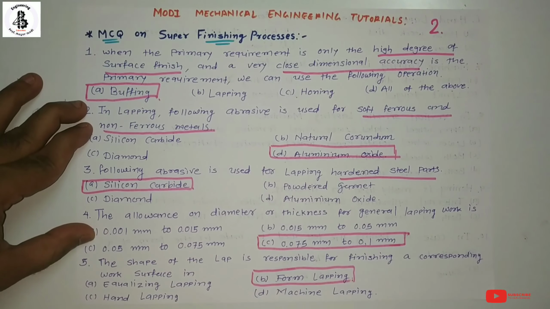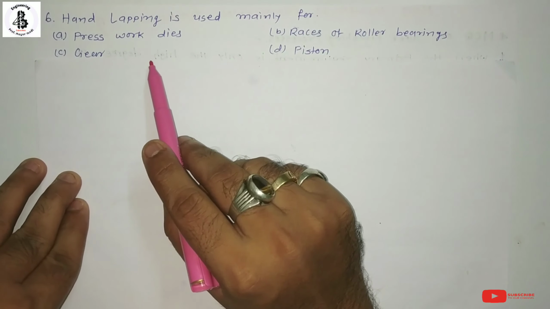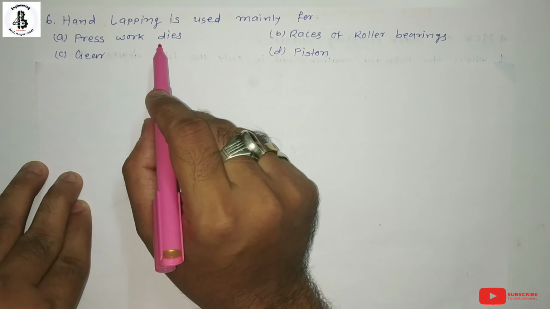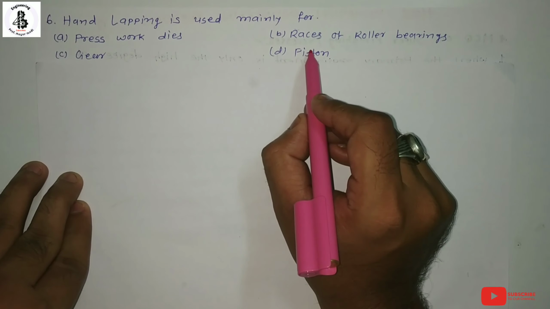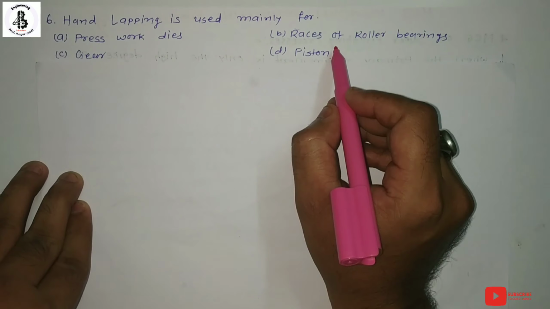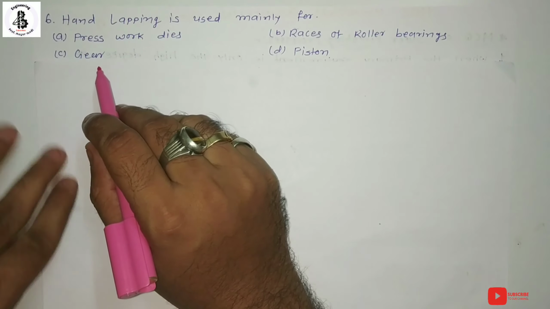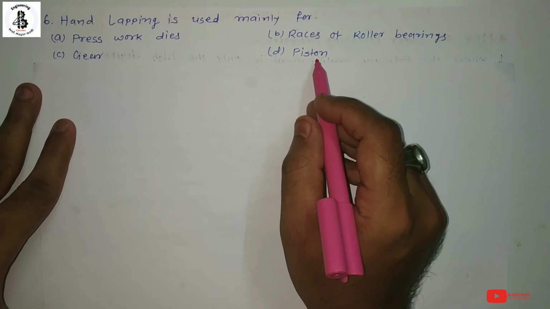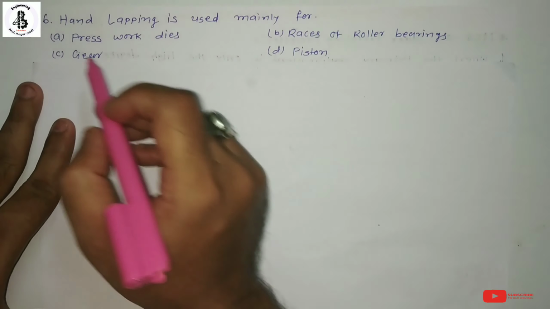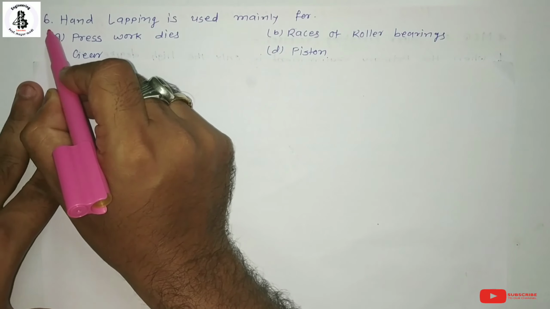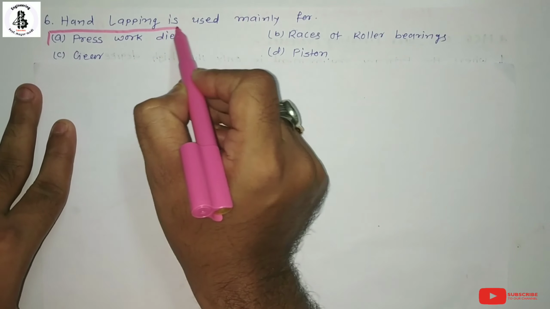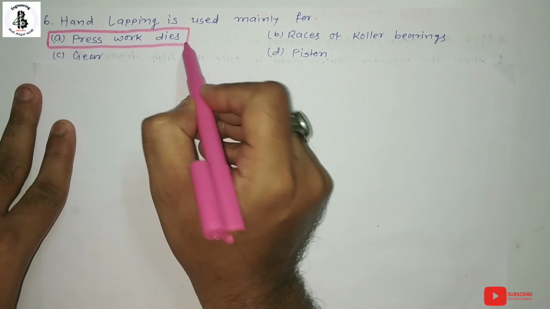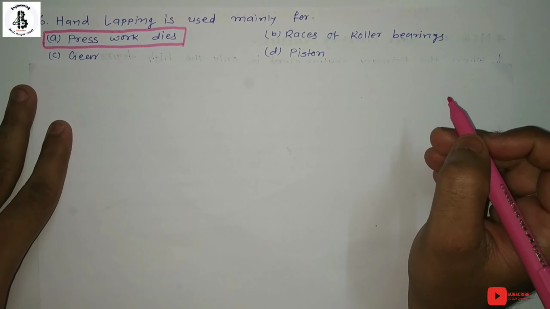Then next question. Hand lapping is used mainly for option A, press work dies, option B, races of roller bearings, option C, gears, option D, pistons. So basically hand lapping is used mainly for press work dies, a special application of the hand lapping process in manufacturing a press work die and converting it into finished products.